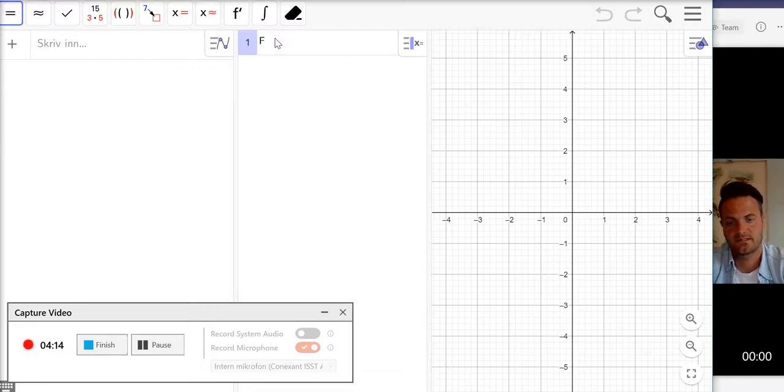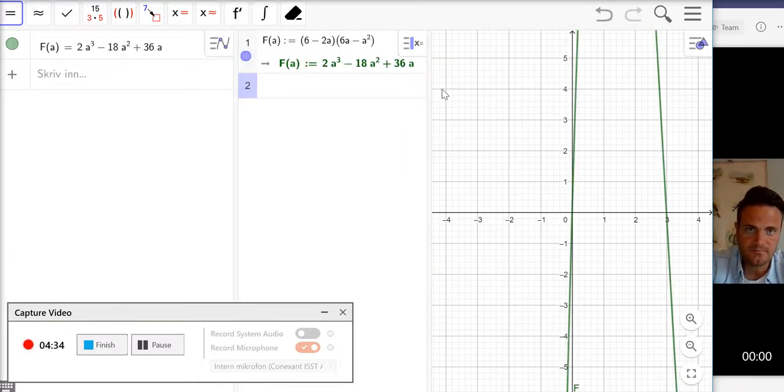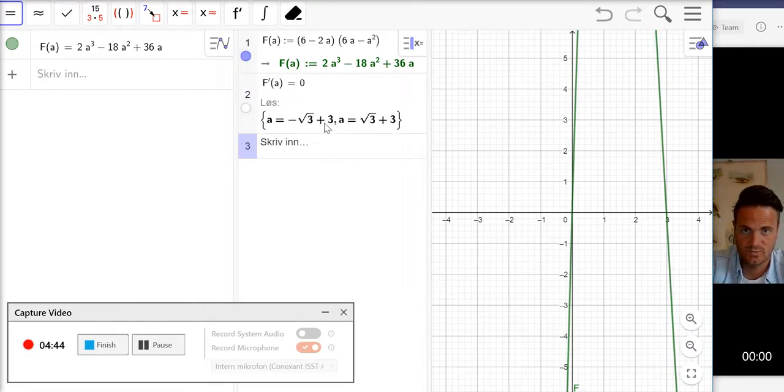So we write in the function f of a colon equals, and we have 6 minus 2a times 6a minus a squared. I want to find the maximum of this. Then we can do like this: f derivative of a equals 0. This is an equation, so I press x equals. So we get two solutions.